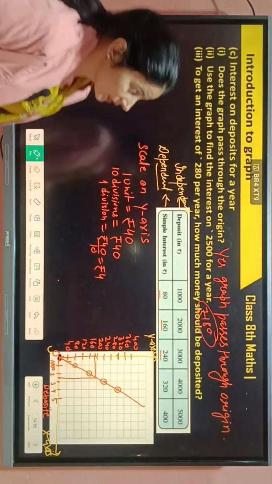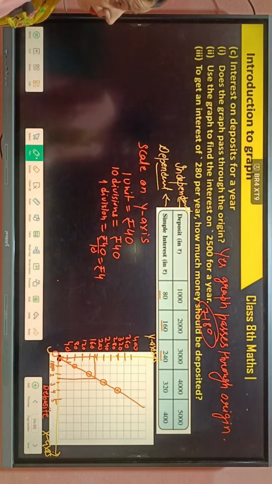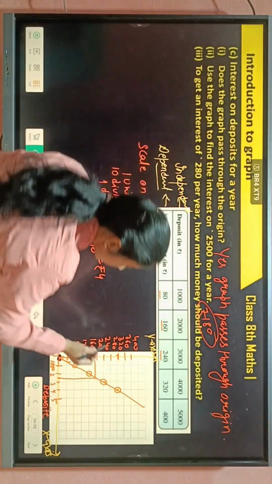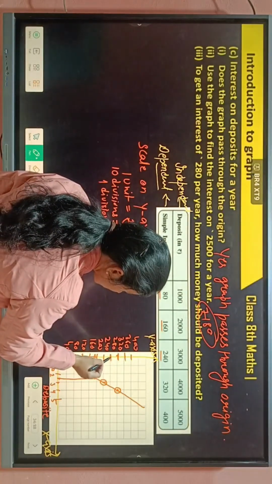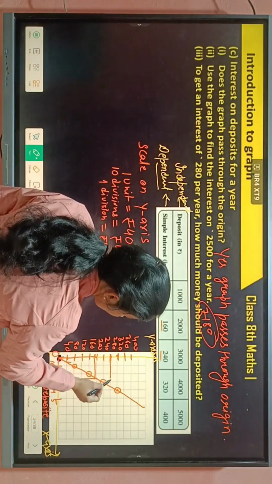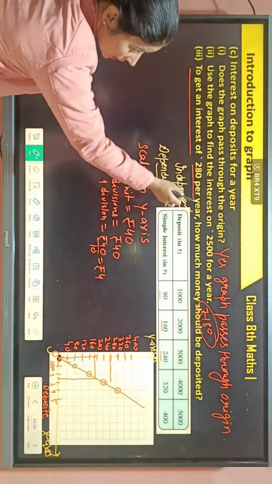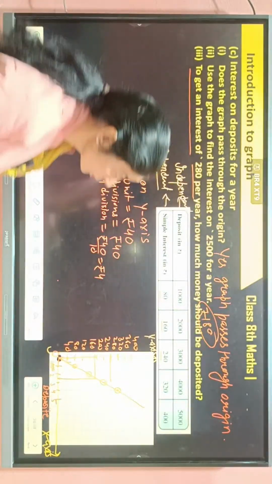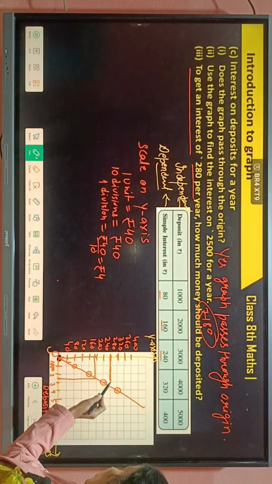Next part is to get an interest of 280 rupees per year. How much money should be deposited? So check this value corresponding to what?